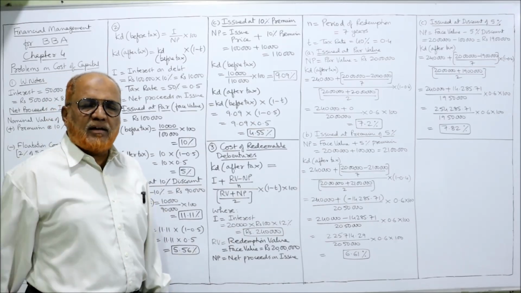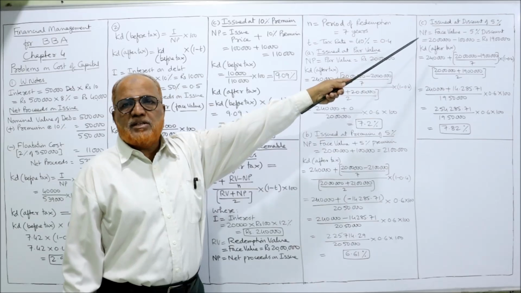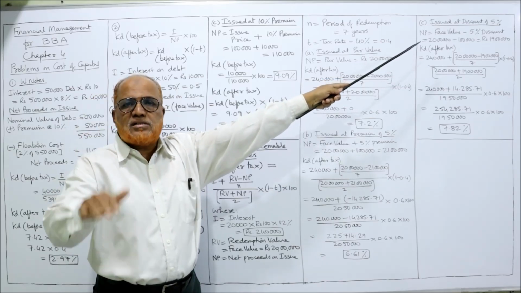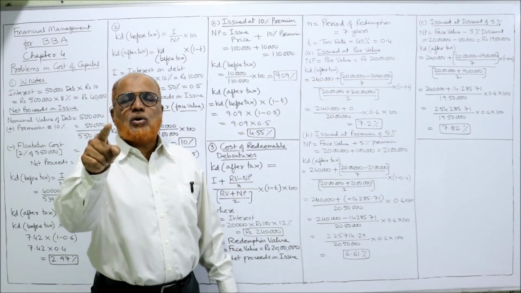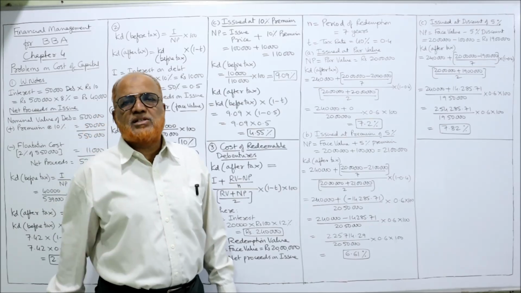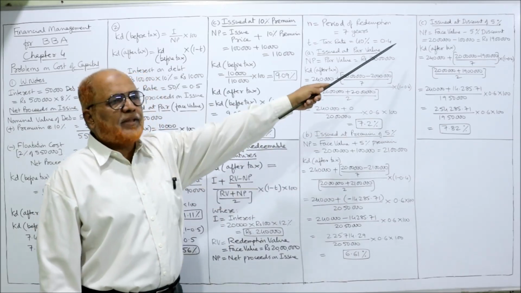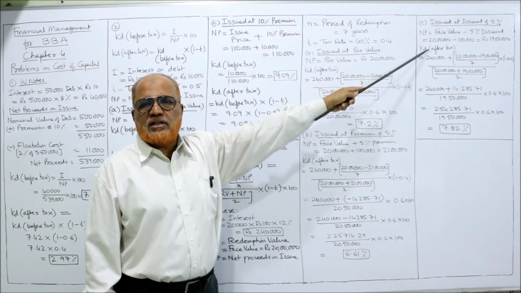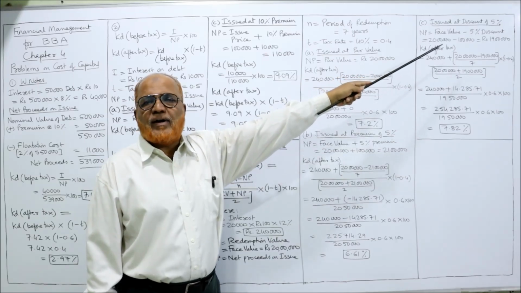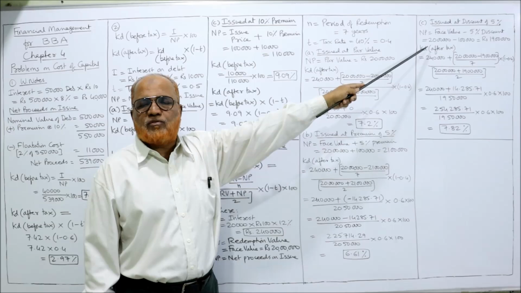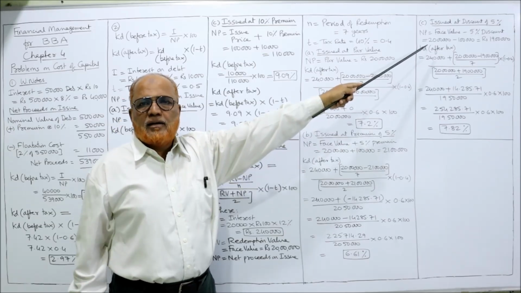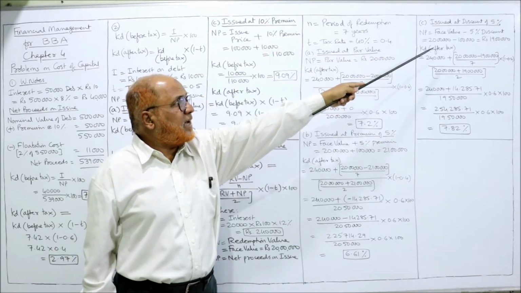Now last and final case, when the debentures are issued at 5% discount, the discount will be subtracted from the face value. So NP, net proceeds, face value 20 lakh minus 5% discount. So 5% of 20 lakh, 1 lakh. So 20 lakh minus 1 lakh is 19 lakh.